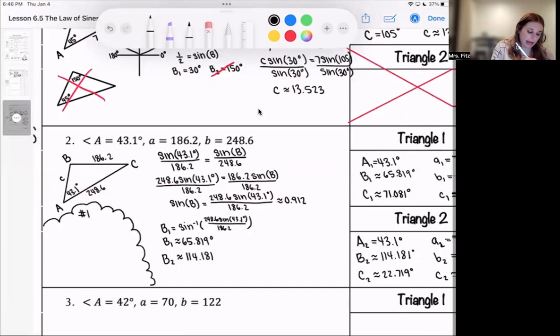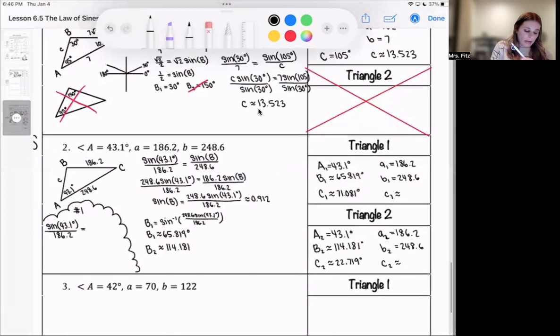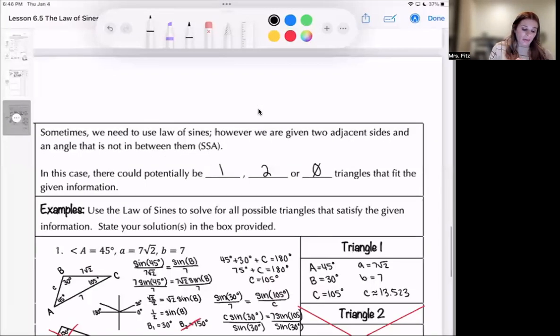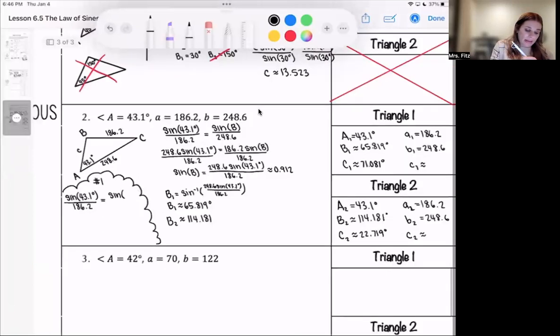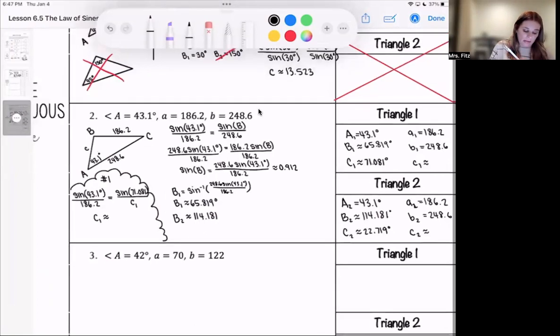And we can do sine of 43.1 degrees over 186.2 equals, now we're looking for side c, so we need to use angle C sub 1, which would be sine of about, and once again, I'd store this answer in your calculator. You don't really want to round mid-problem. 71.081 over c sub 1. Cross multiply. When you solve for c sub 1, you should get approximately 257.790.